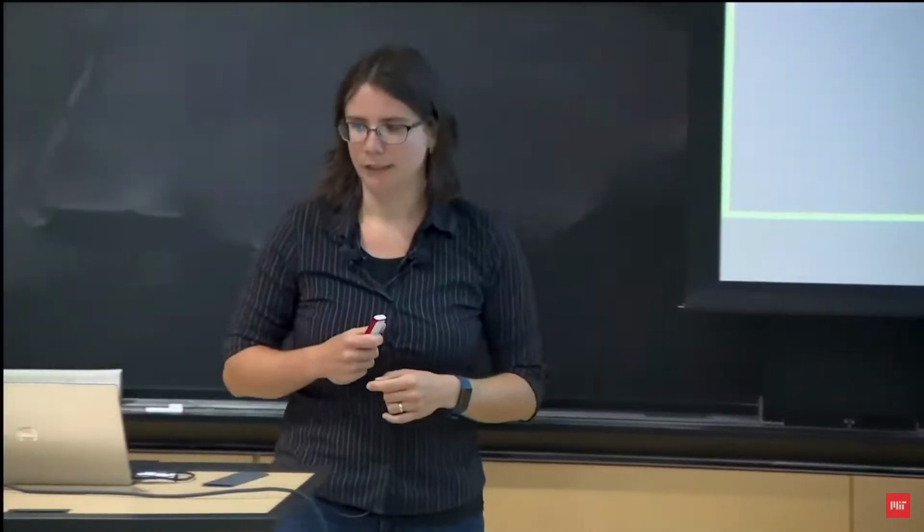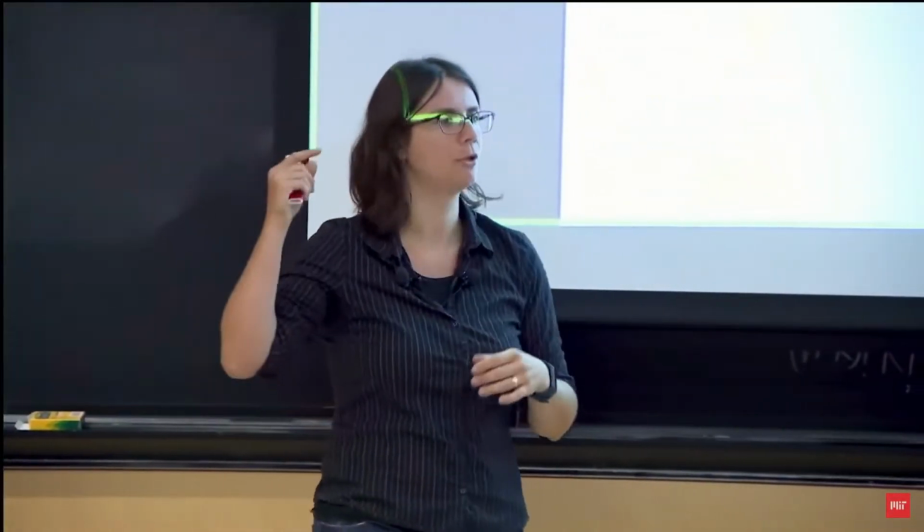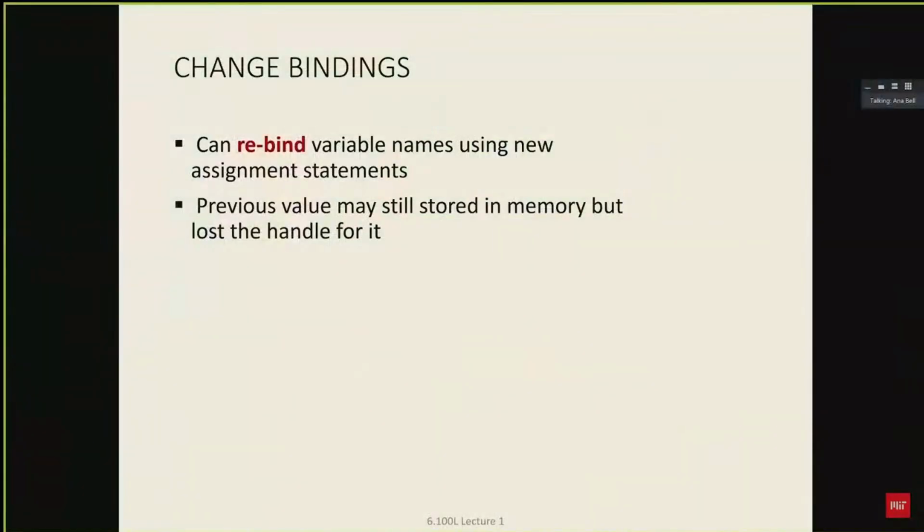Once we create an object and bind it to a variable, we can change the bindings. So we can take that variable name and bind it to a completely different value. This might not be useful right now, but it will be useful when we introduce control flow in our programs.